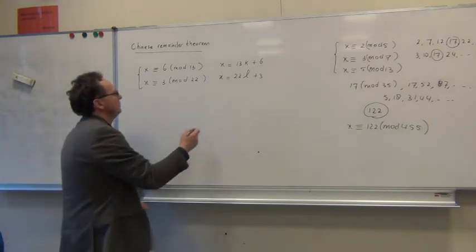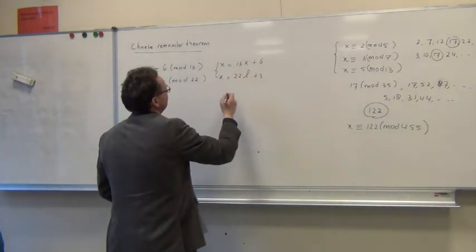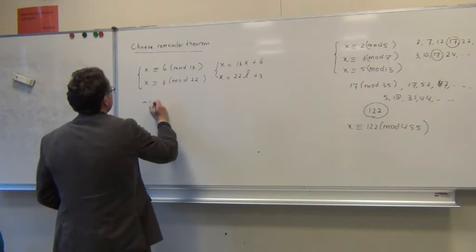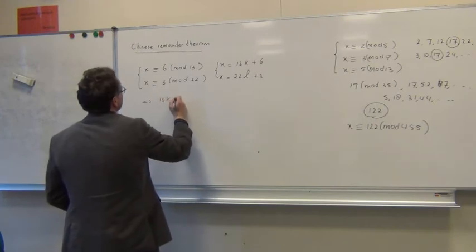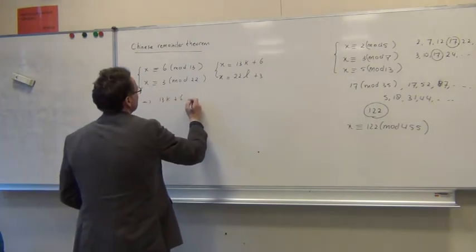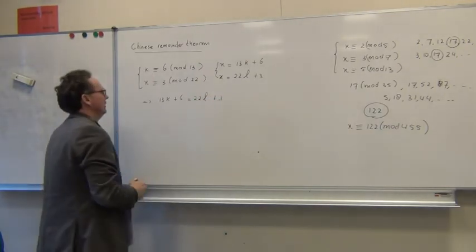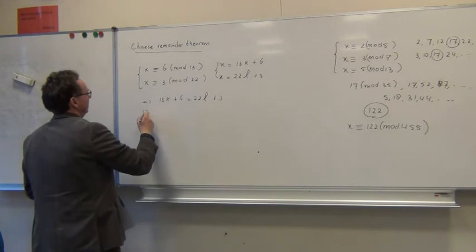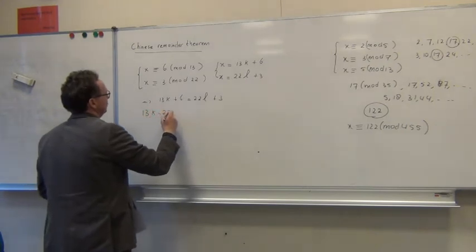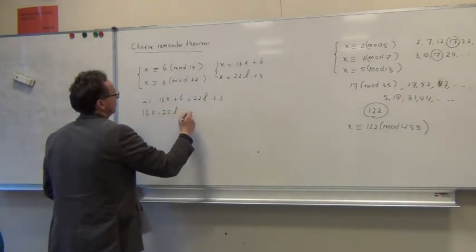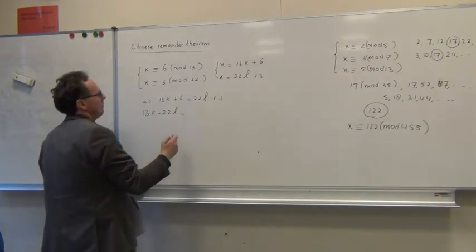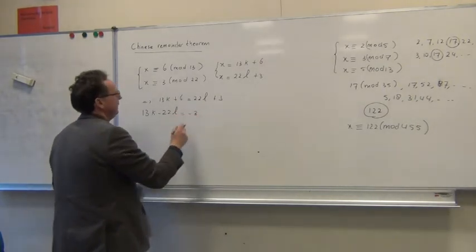If you combine these two equations, you can say, therefore, 13k plus 6 must equal 22l plus 3. In other words, 13k minus 22l equals minus 3.